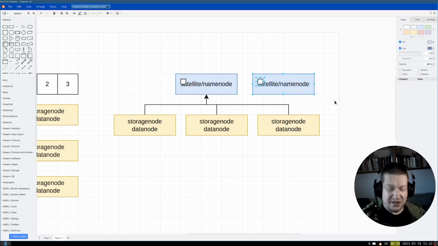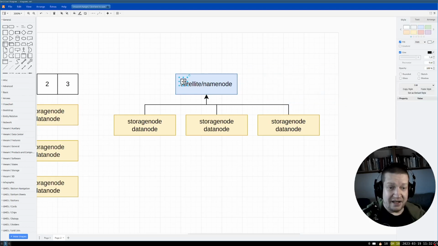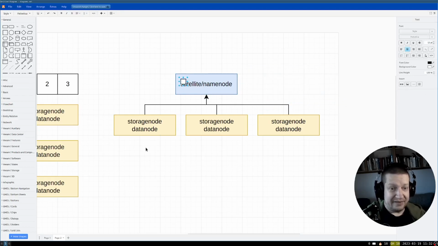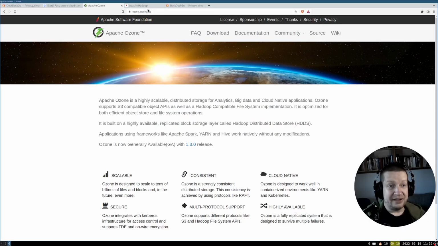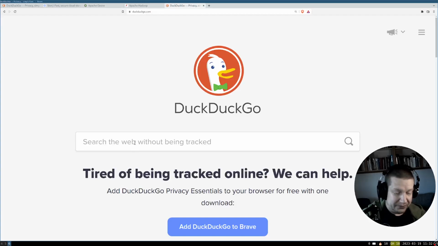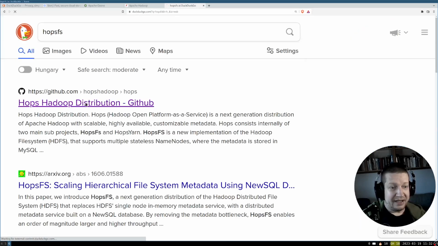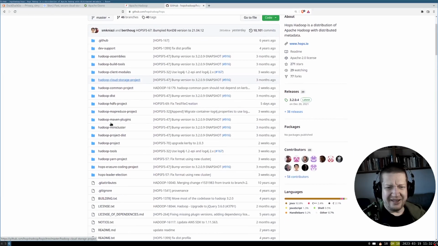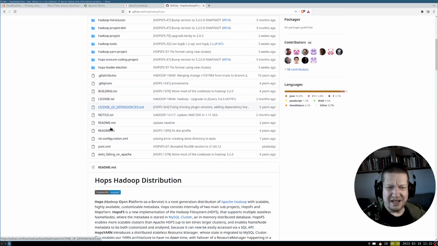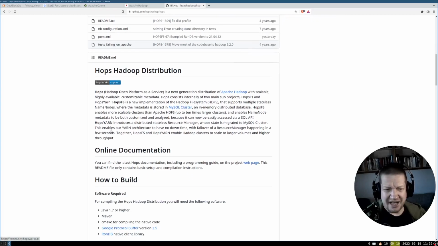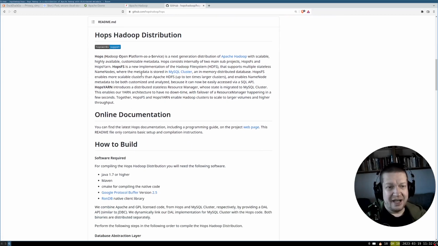And just as interesting stuff, there is a fork of Hadoop HDFS, and this is HopsFS, which is a fork of, I think, the old version of HDFS, maybe Hadoop 2. I don't really follow this one. And it says that the metadata is stored in MySQL.